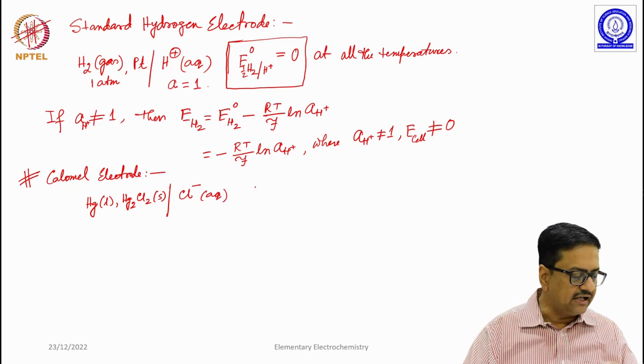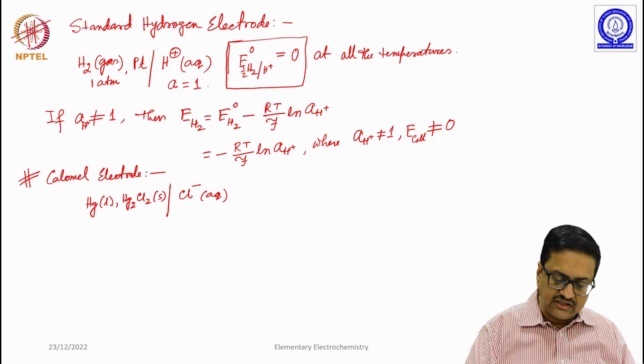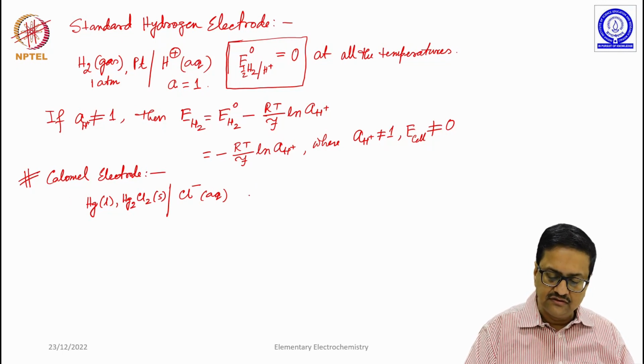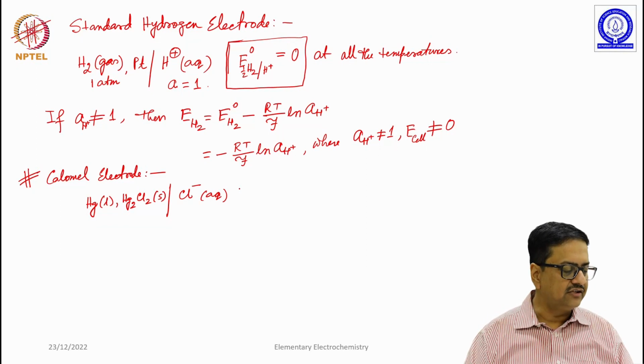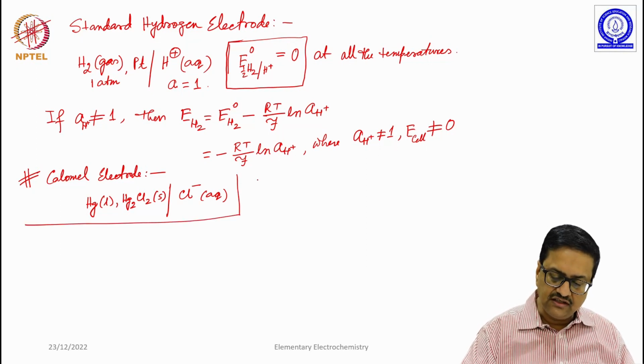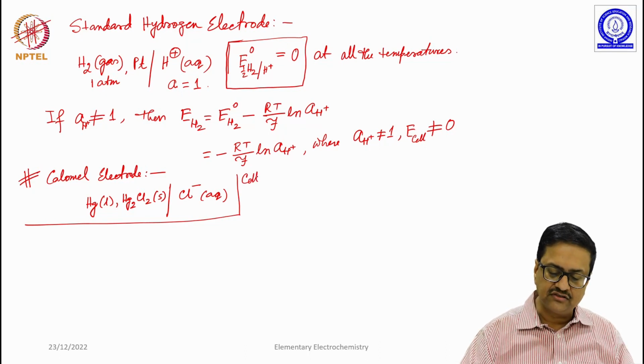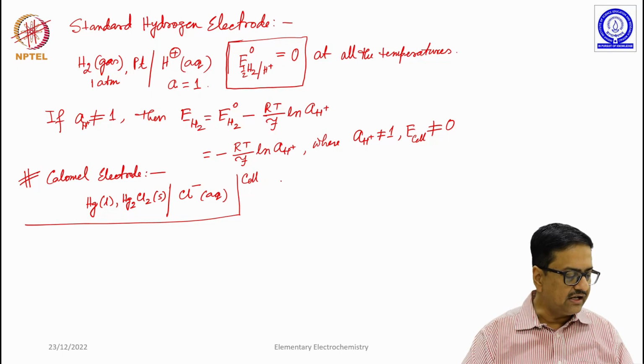In general, it can be the KCl solution. So, this electrode is then coupled with the standard hydrogen electrode.